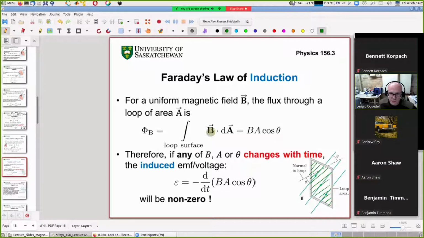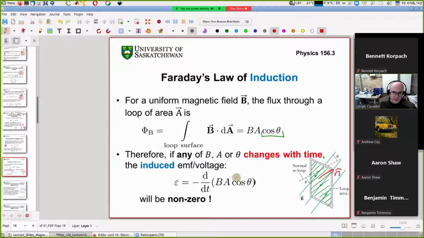You still have to do the dot product, therefore you have the cosine theta appearing. The result of this integral will just be the magnitude of the magnetic field times the surface area of your loop times the cosine of the angle between the loop normal and the magnetic field. So for example, here, the n hat vector will be parallel to this dotted line here. So that will be our n hat vector.